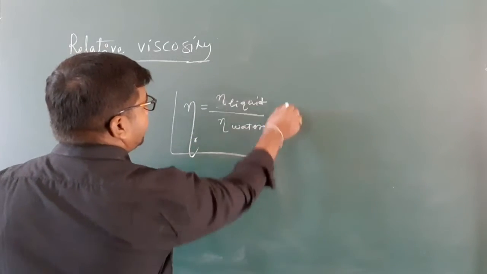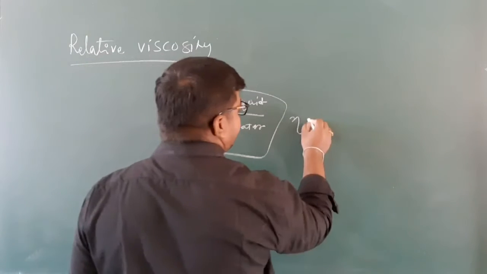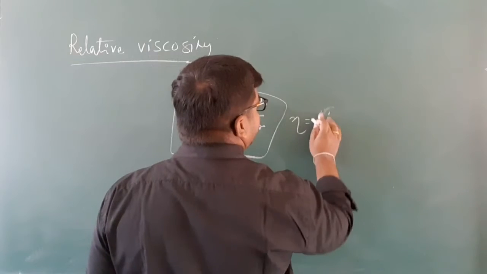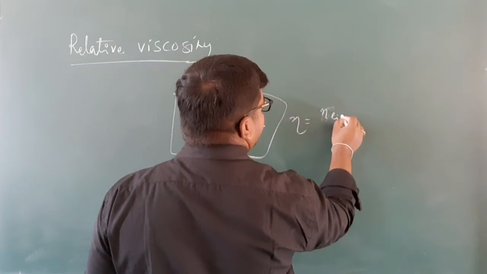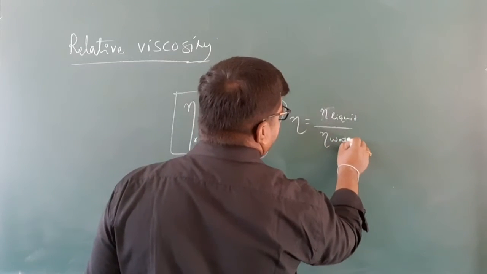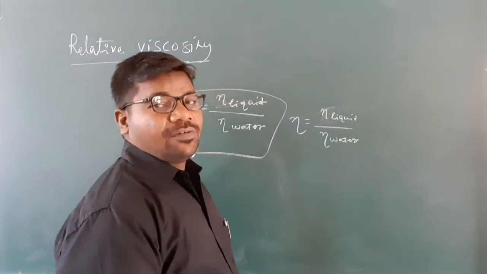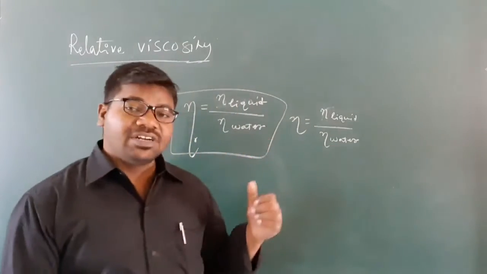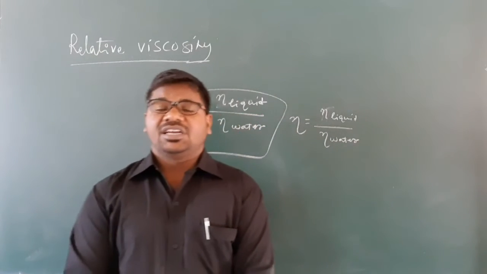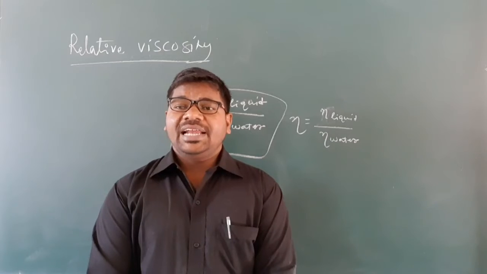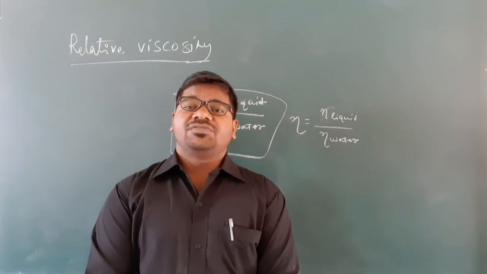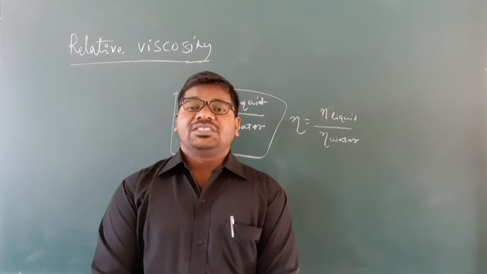Understand, my children? So you have to write eta relative is equal to eta liquid by eta water. Comparison of coefficient of viscosity of a liquid with that of water gives relative viscosity.